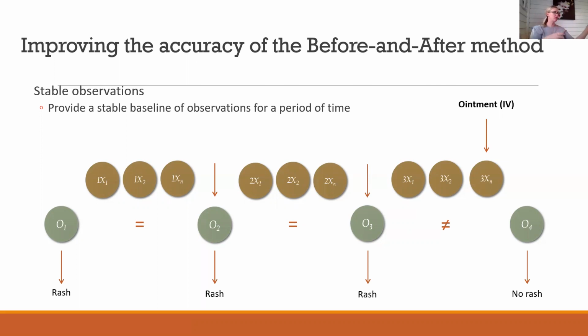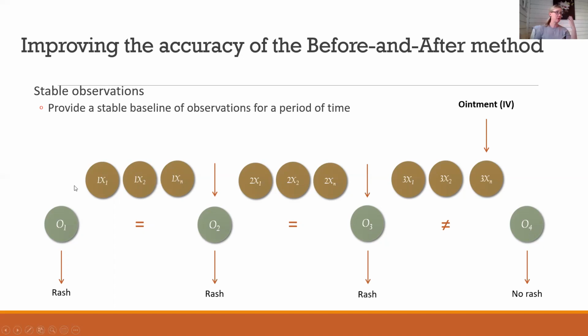So you will report at time 1 for the O1, the first measure of your dependent variable, which is the presence of a rash. And then they'll follow you every day after that, or every hour, however long you want to space out the times between observations. And these X's up here would be doing nothing.